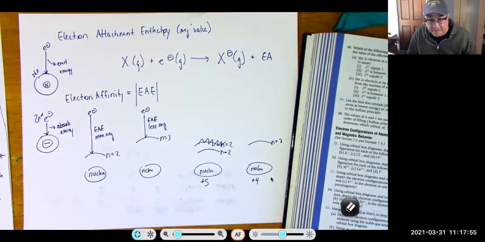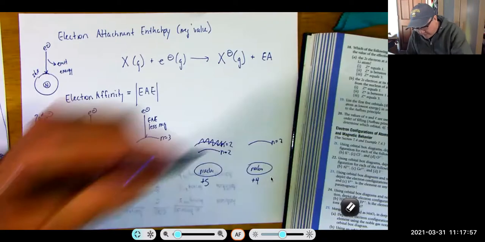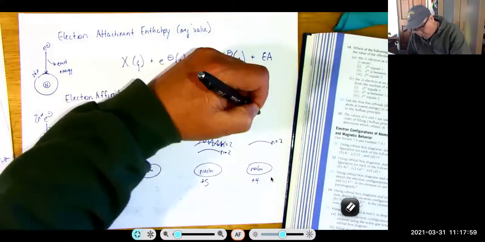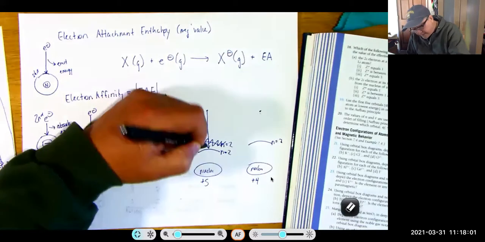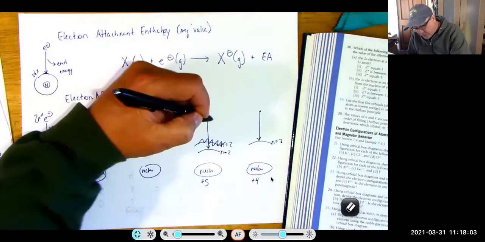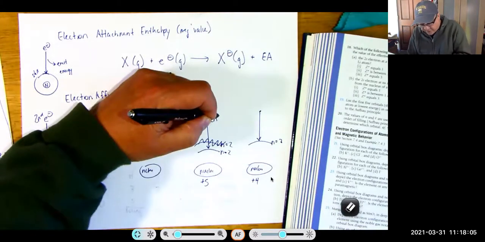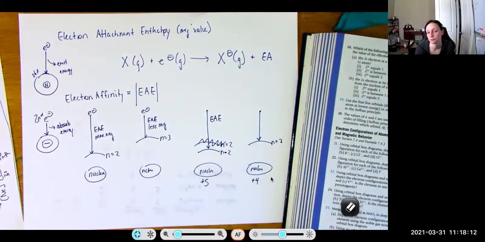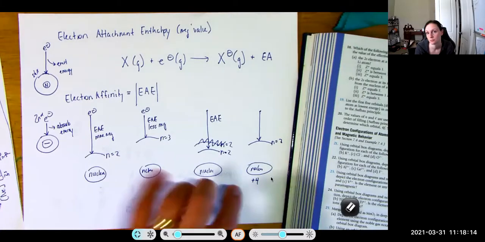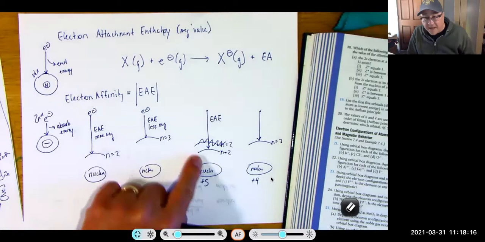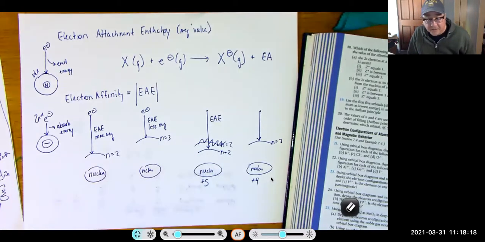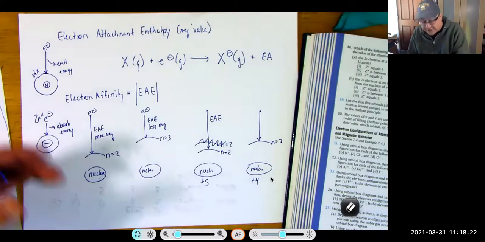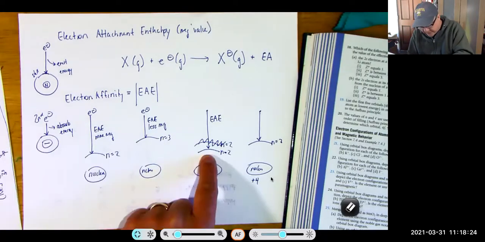Now when I come from infinity, which one is going to have the more negative electron attachment enthalpy? This one that ends up in this 2 or this one that ends up in this 2? The +5. You're right. And you can see with my drawing that it is a greater amount of energy. I'm not trying to make it proportional. I'm trying to convince you that because the radius is smaller, it's going to give off more energy.